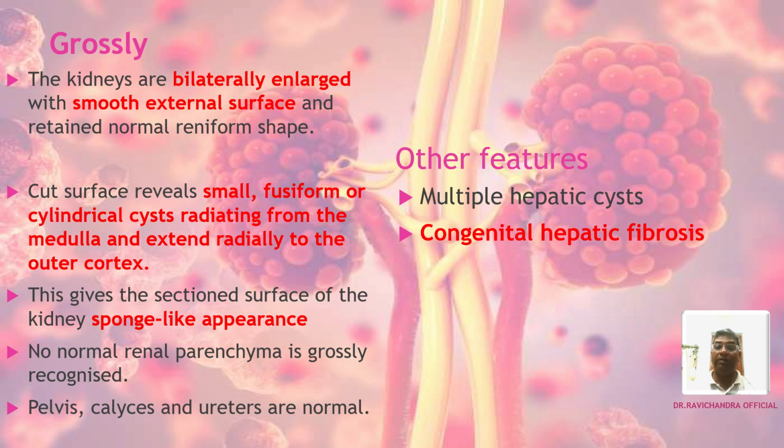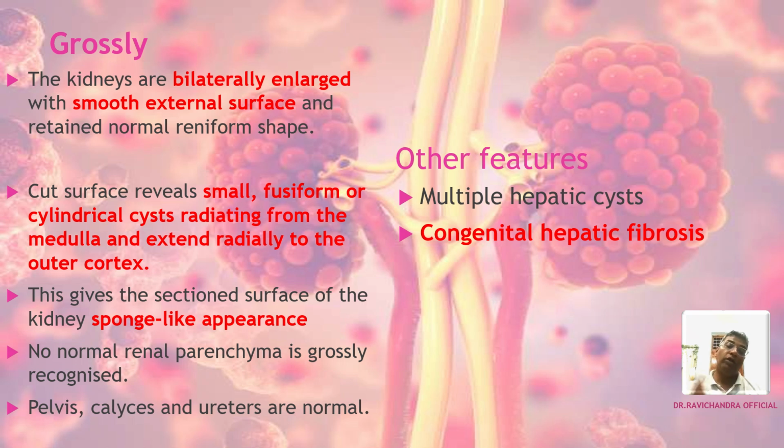Grossly, the kidney will be enlarged bilaterally with a smooth external surface, and it will retain its normal reniform shape. On cut section, the cut surface will reveal small fusiform or cylindrical cysts radiating from the medulla and extending radially to the outer cortex.